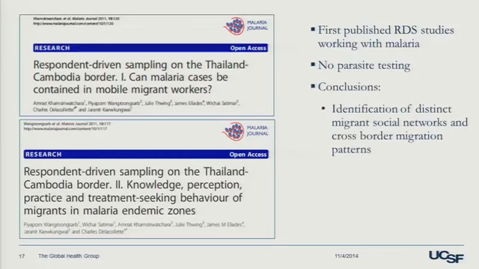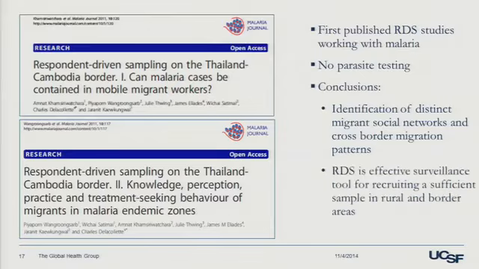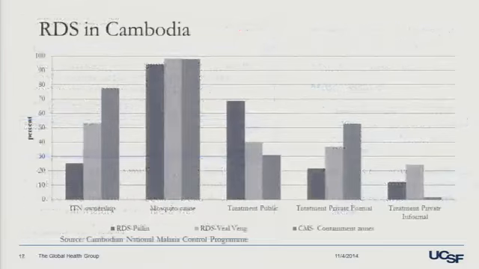They recognized that they were able to identify distinct groups who would have otherwise been hard to identify through the surveillance system. They found out that these individuals were actually socially networked, and therefore RDS was a useful surveillance and recruitment tool to learn about these populations.